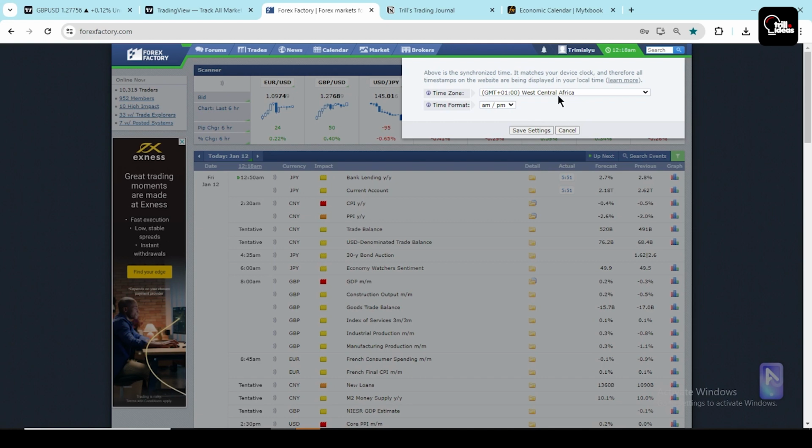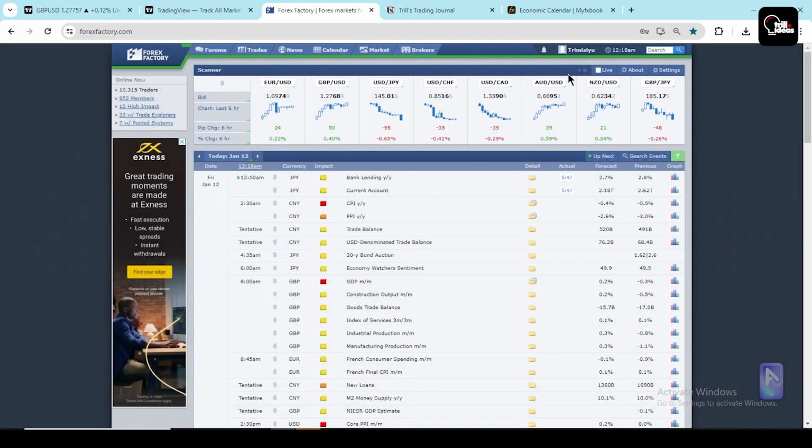So if you're in America, you select your time zone and you click on save. So after doing that, or before you even do that, what you need to do is to register. You need to create an account. It's absolutely free, and once you create an account, you change the time zone to the local time so that you know when news are to drop in the market.